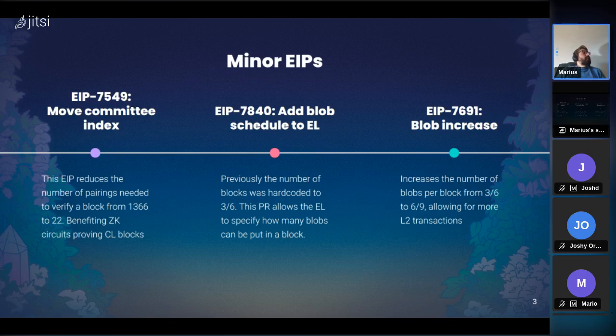Another change is that it reduces the number of attestations that you can put into a block, quite significantly, from 256 to 8. I personally think 8 is a bit too low, but time will tell if we are going to increase that in the next hard fork.